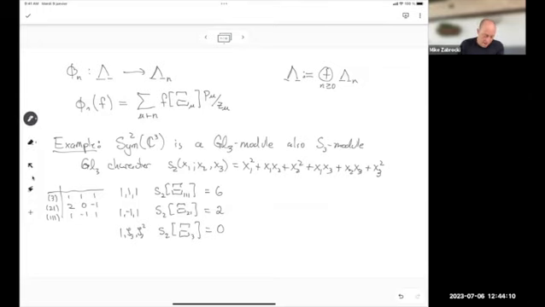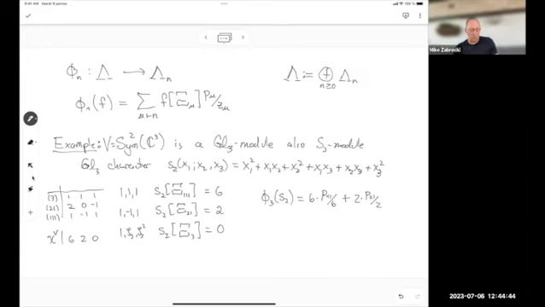Okay. So I have the character of my module V is 6, 0. And if I take my Frobenius map of S2, I'm saying it's 6 times P111 over 6 plus 2 times P21 over 2.